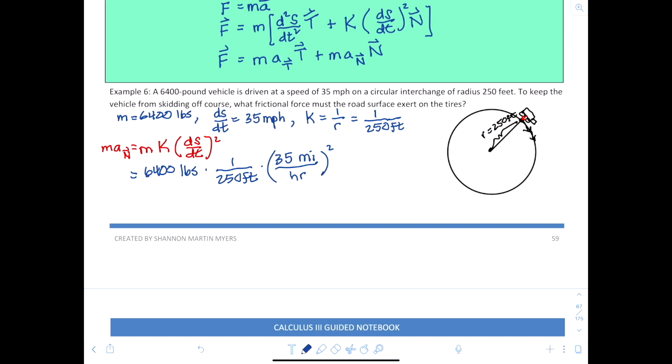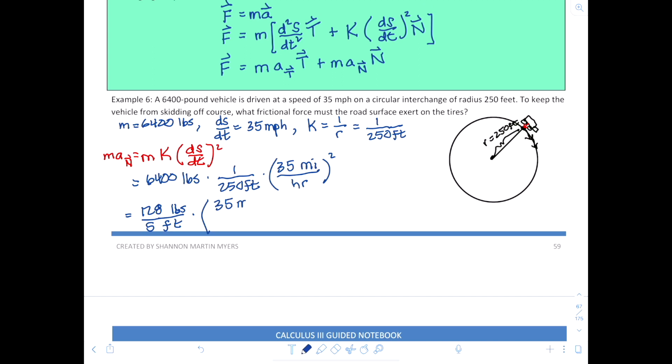So here, reducing a little, I think we would end up with 128/5, and then we have our pounds and feet, times 35 miles per 1 hour, and then times, let's see, there are 5,280 feet per 1 mile.